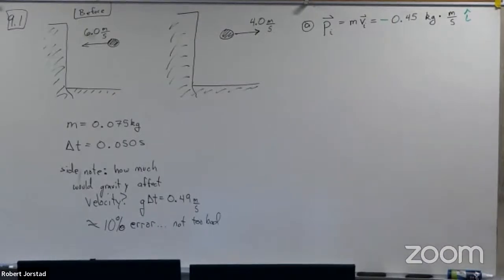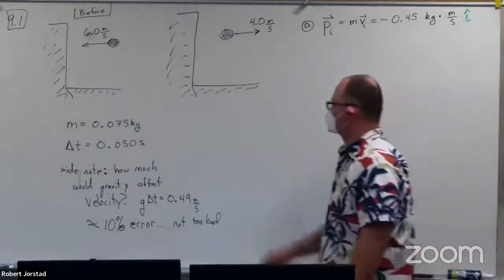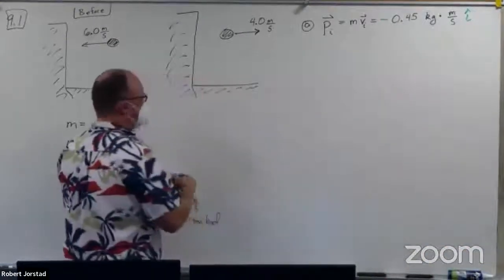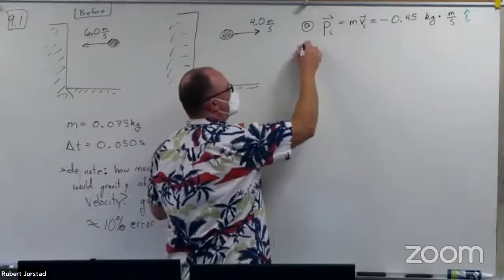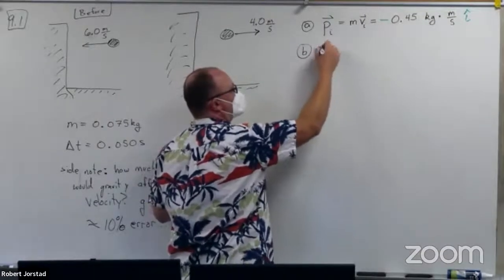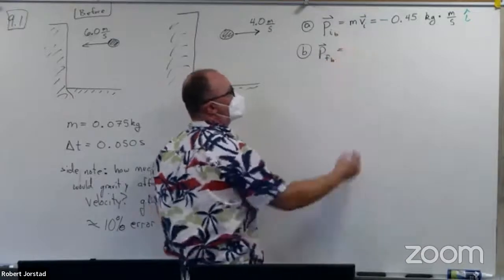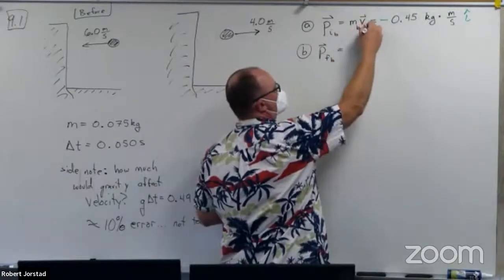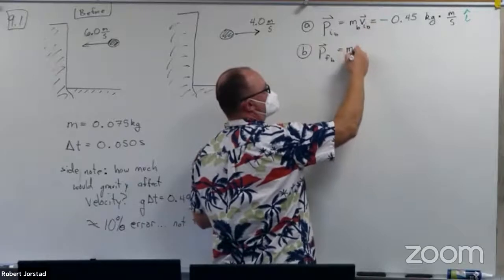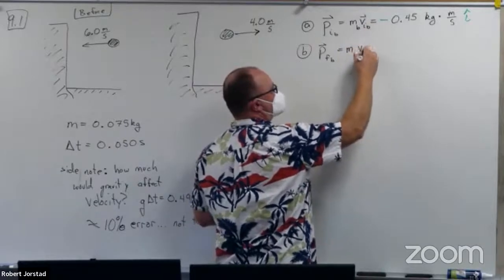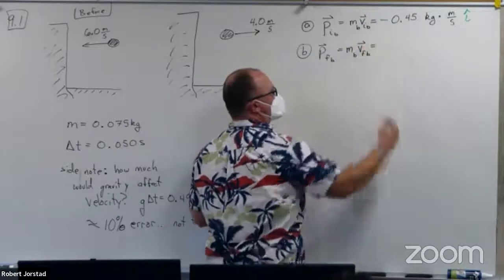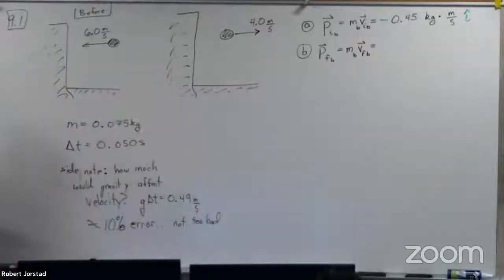Momentum is a vector. It's not like energy. We have to include the i hats. All right. And this is for the ball, so I'm going to put a little subscript B there. That would be mass of the ball, the initial of the ball, etc. This one's going to be what? 2/3 of it.